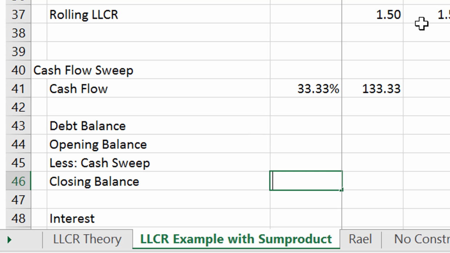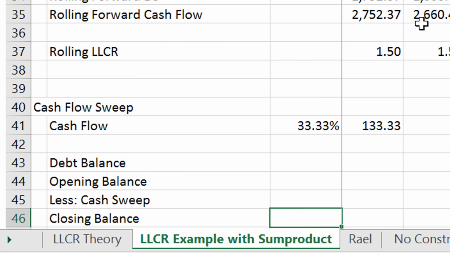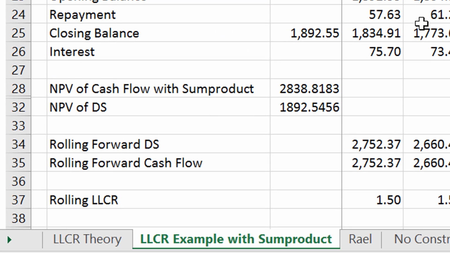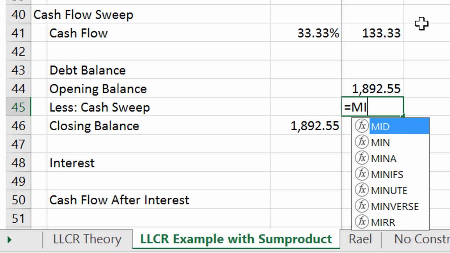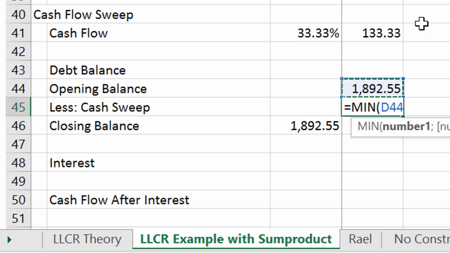To get the debt balance with a cash flow sweep, let's start with our opening debt balance as we always do. The opening balance equals the closing balance. Now, the cash flow sweep, I'm going to do something you should never do, but it's the minimum of the opening balance or the amount of cash flow we pay after we paid the interest.